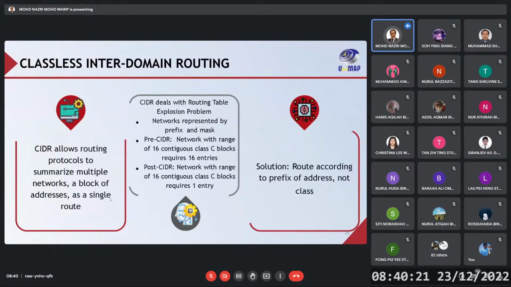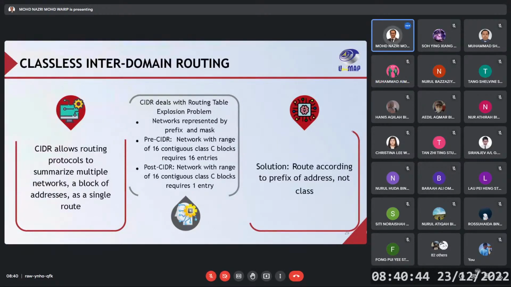Let's say you have 10 networks, maybe network 10.1, maybe network 172 or 173, and so on. They will be summarized to become one route summarization. That's the function of classless interdomain routing.